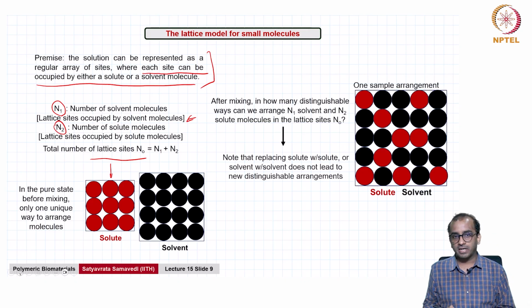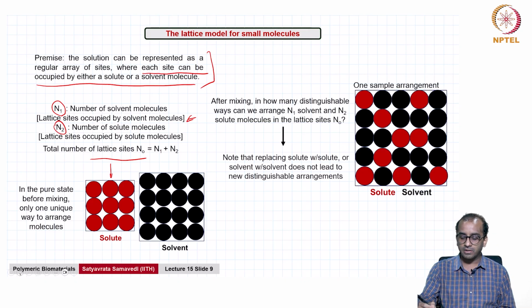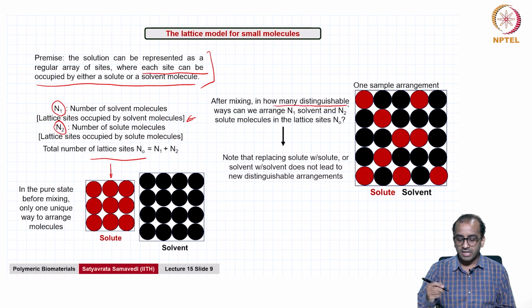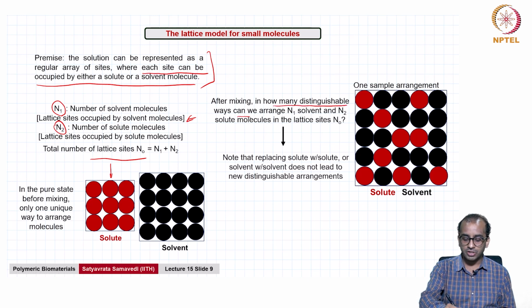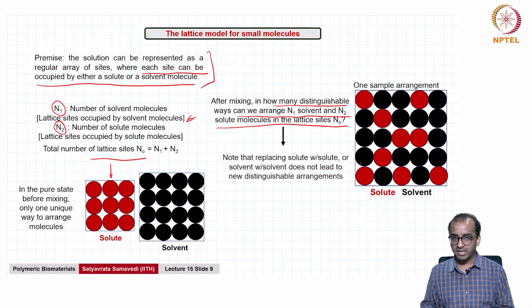What happens in the mixed state? The mixed state is slightly more involved, because after mixing you can now ask how many distinguishable ways can we arrange N1 solvent and N2 solute molecules on N0 lattice sites, and shown here is just one sample arrangement where I have arranged the 9 red solute balls and the 16 black solvent balls on a matrix like this, and you very quickly see that this represents just one arrangement.